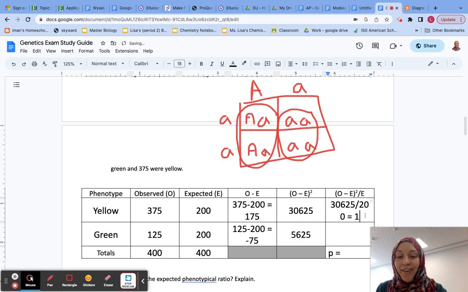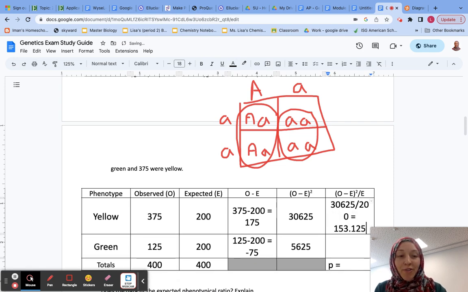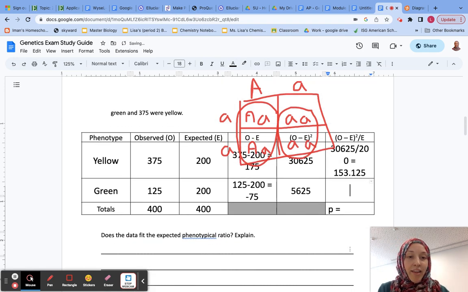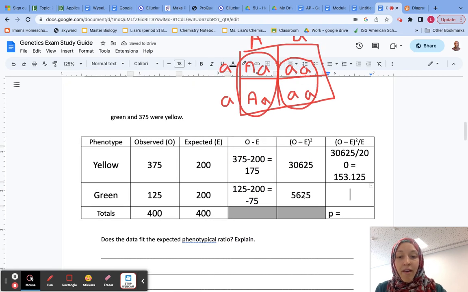Okay, and let's do the same thing here. I'm going to take my 5,625 and divide it by my expected, 200.